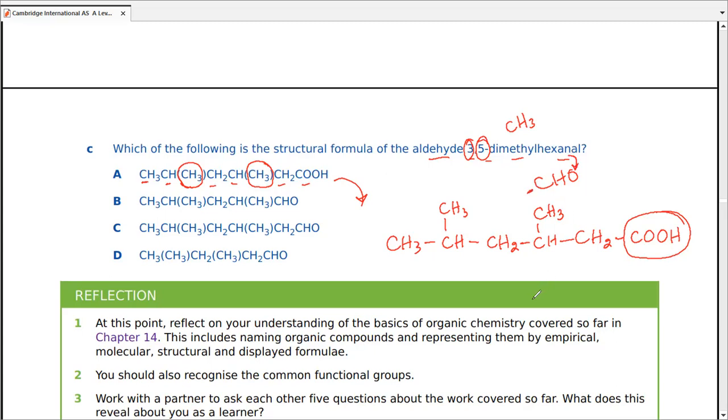Definitely, that's not right. It has to be CHO, which is given over here, here, and here. Any of these 3 might be the correct option. So it's hexanal, and it has to be on 3 and 5. So this is 3, this is 5. So 3,5 dimethyl was correct, hex was correct. It was just that it was not hexanal, it was hexanoic acid, because of which it is incorrect. So A is incorrect.